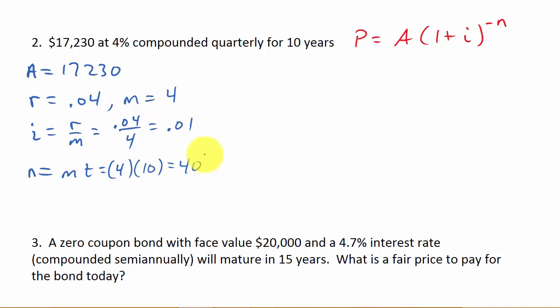So let's see what we get. P is equal to A, which is 17,230, times 1 plus i, which is 0.01, raised to the negative n, so raised to the negative 40. So 1 plus 0.01 is 1.01, raise that to the negative 40, hit equals, and then times 17,230.